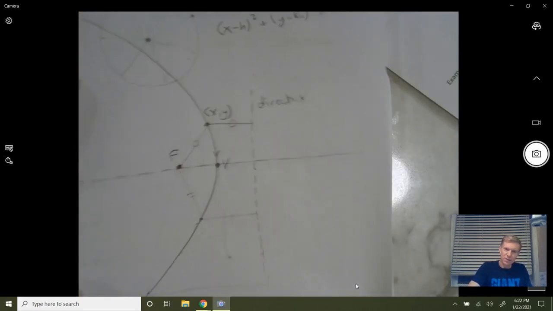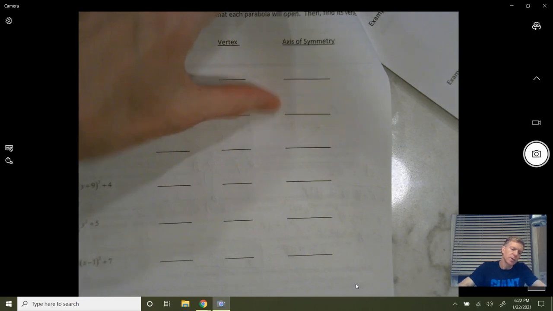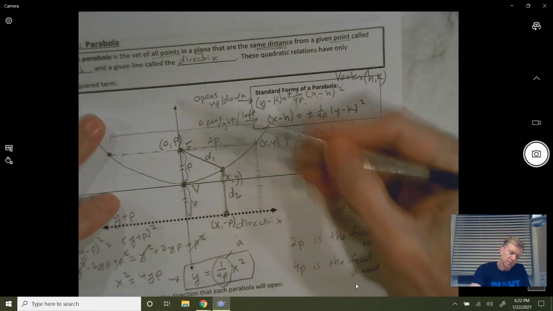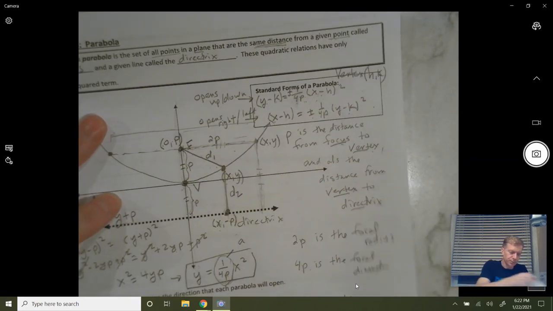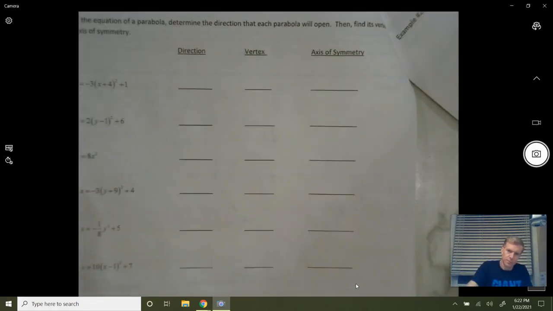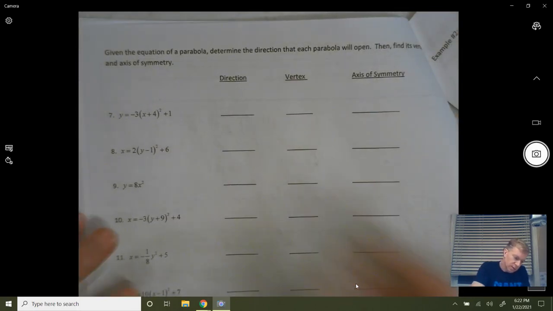So if it opens right or left, your axis of symmetry is a horizontal line. If it opens up or down, here your axis of symmetry was just the y-axis, so your axis of symmetry will be vertical. The axis of symmetry always passes right through your vertex.